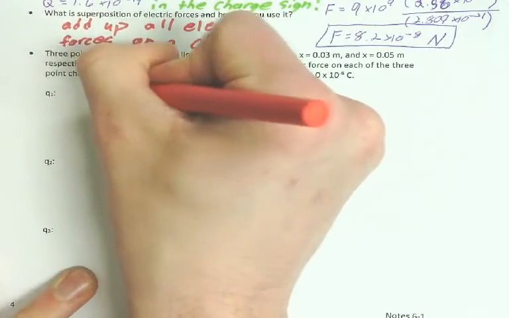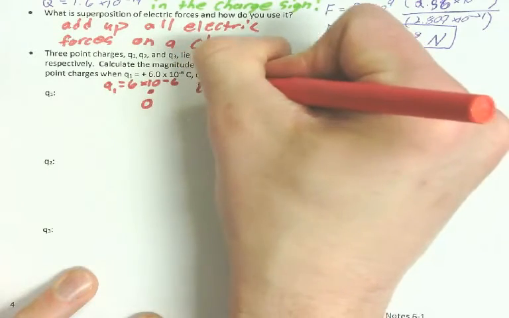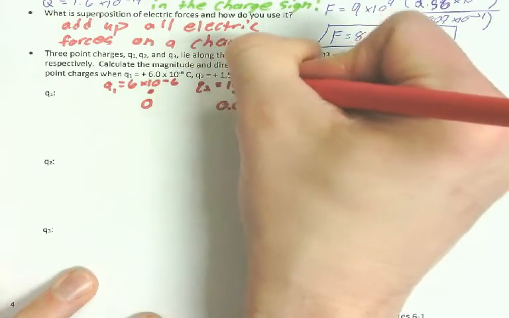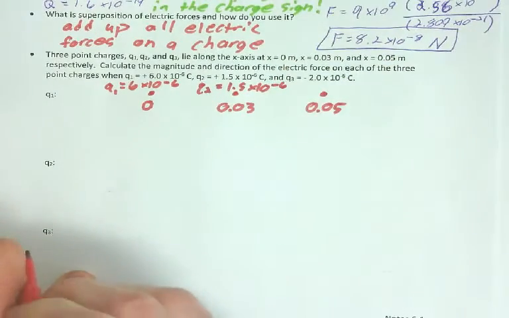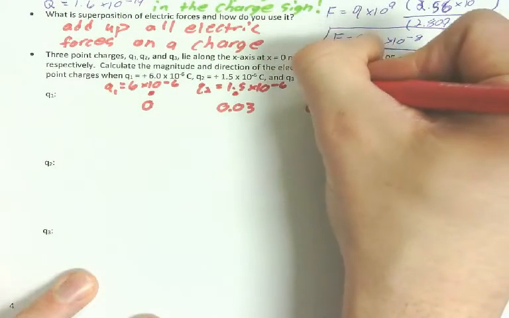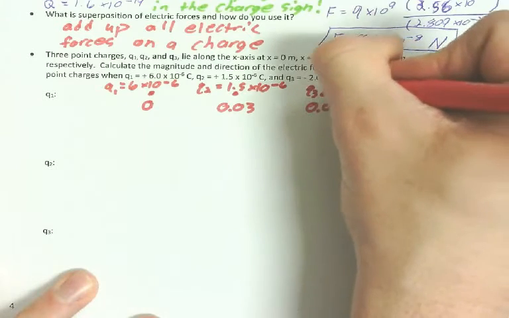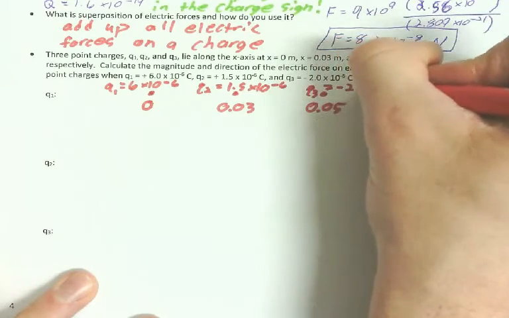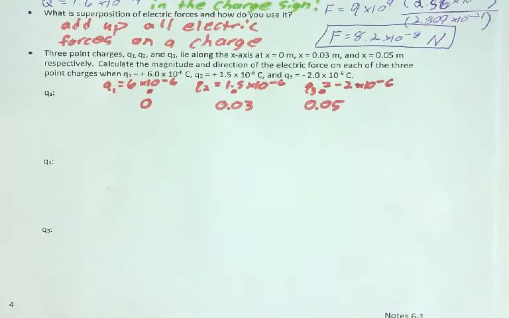That's Q1. 1.5 times 10 to the negative 6. That's Q2. Negative 2 times 10 to the negative 6. That is Q3. There you go. Not so bad so far.